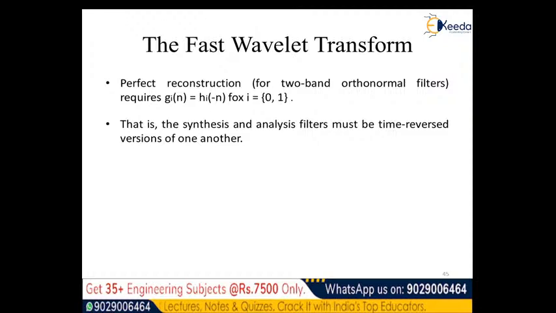So this is the information we have shared for the wavelet transformation here. Basically we have opted for the one dimensional case here. From the one dimensional case, we can go up to the two dimensional also.